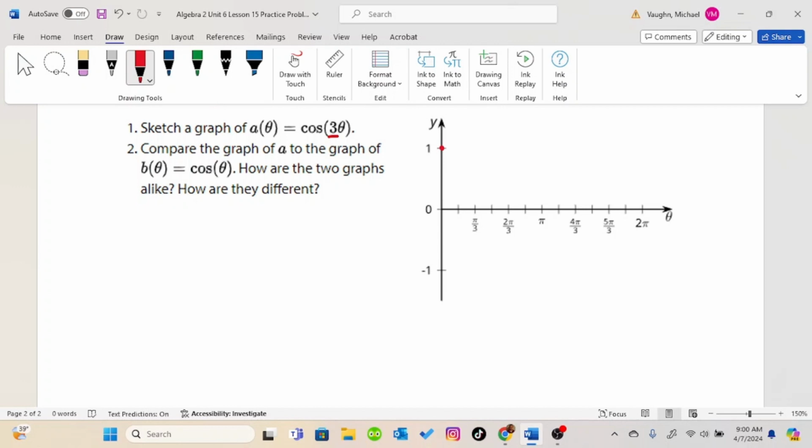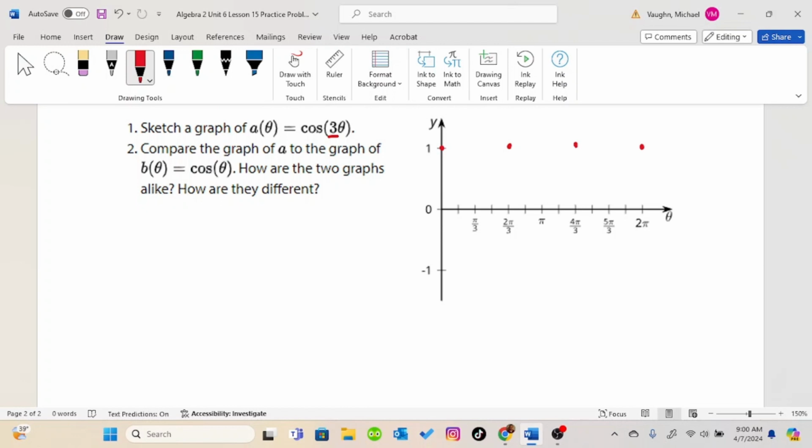It's going to go down and back up 3 times in 2 pi. So I'm going to put another point at 2/3 pi. It will complete a second cycle at 4/3 pi, and then a third cycle at 2 pi.